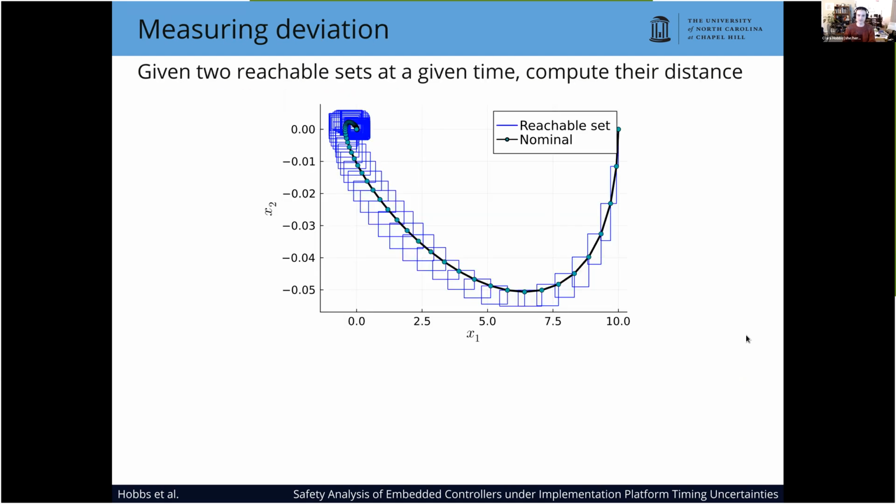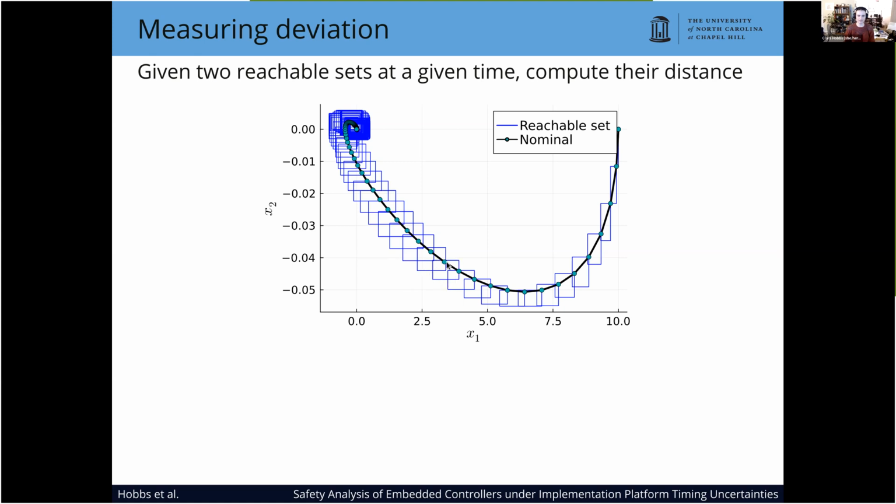Now, in order to measure deviation, essentially all we have to do is, given the 2 reachable sets at a given time, compute the distance from them. So here we see the nominal trajectory in black again, with dots at the locations where it actually sits at a particular time step, and the reachable set from some sequence of deadline misses is shown in a blue rectangle.